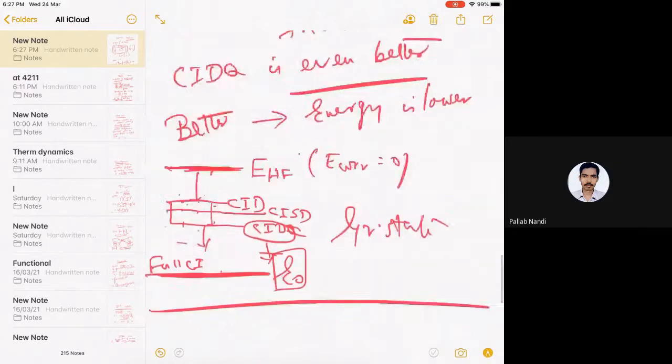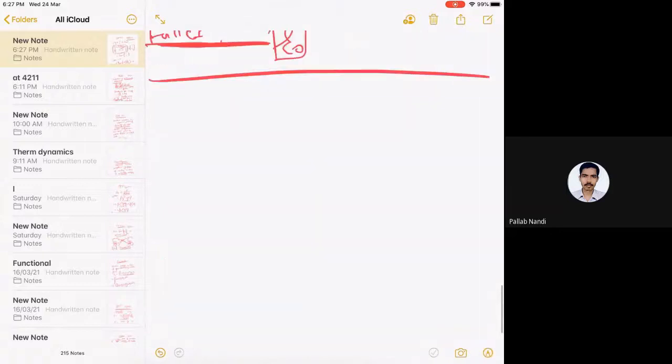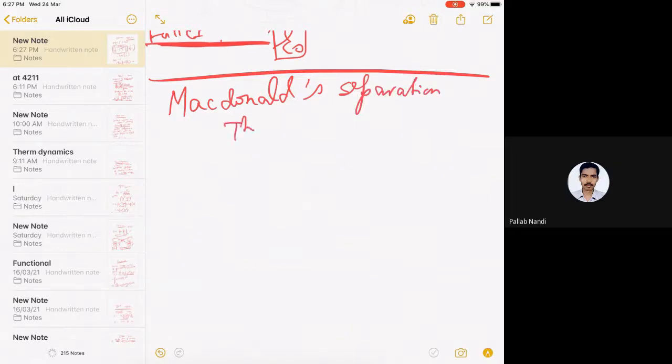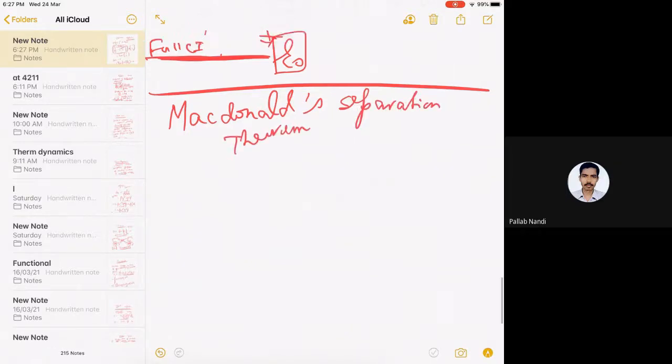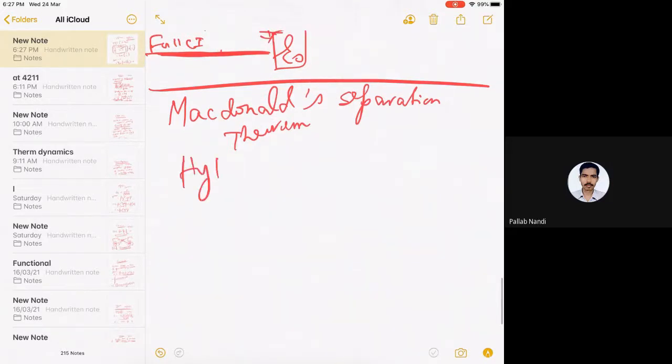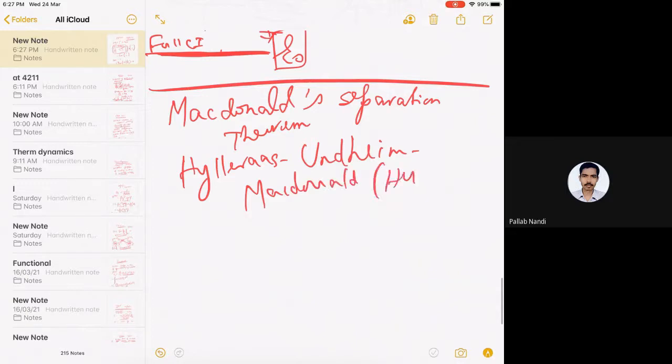So actually, it's a nice question that you asked, that it came to what I wanted to do, and this is again known due to McDonald, and the theorem is called the McDonald separation theorem. In the context of the CI, it is also known as the Hylleraas, Undheim, and McDonald theorem, three gentlemen, which you call HUM.